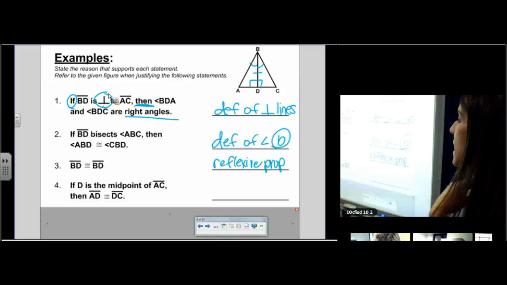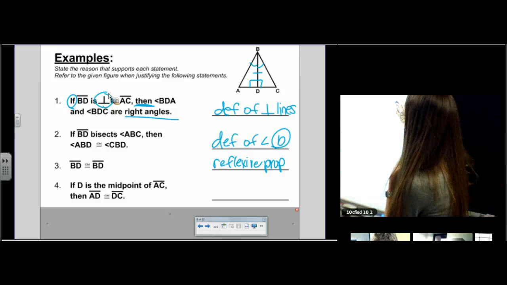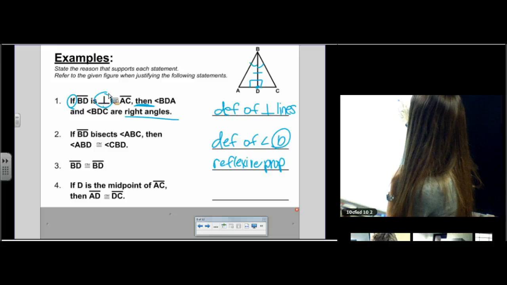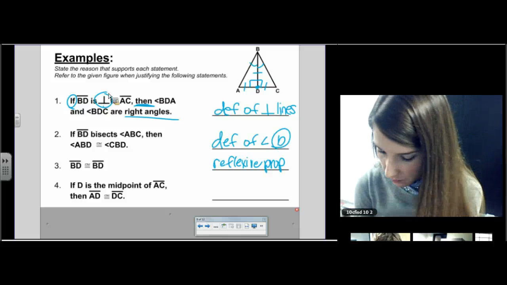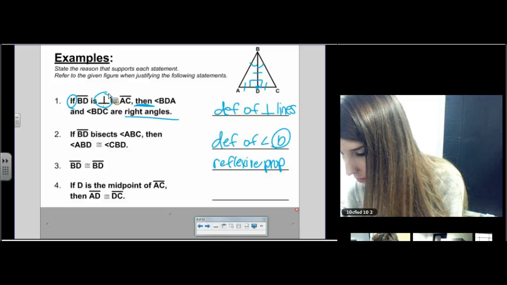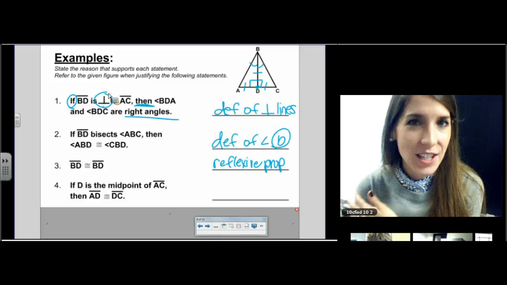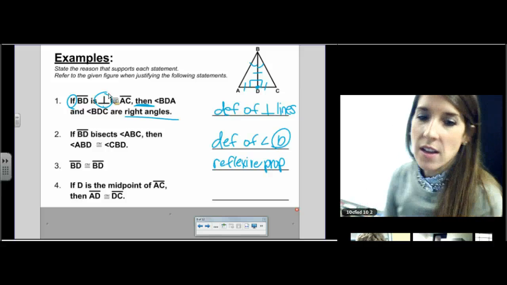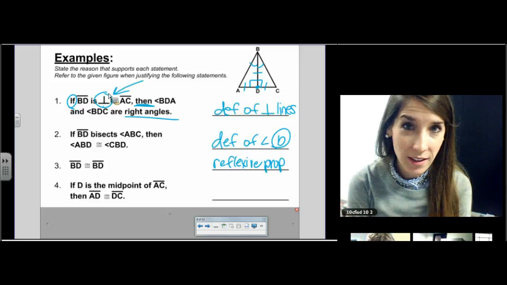If D is the midpoint of AC, then AD is congruent to DC. What allows us to do that? What definition? Number 12, very good. See how you see the word midpoint and the answer is definition of midpoint? See how you see the word perpendicular and the answer is definition of perpendicular lines?